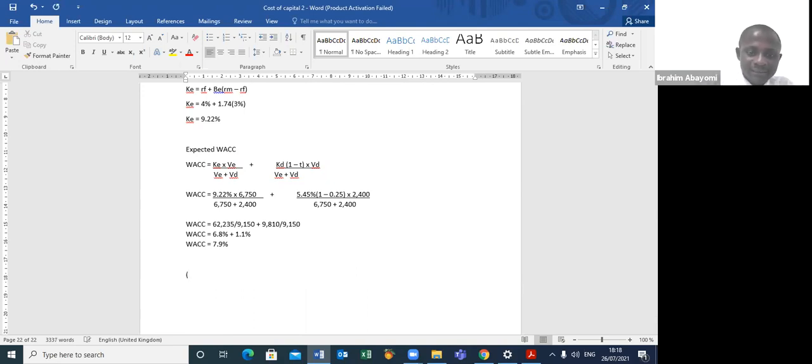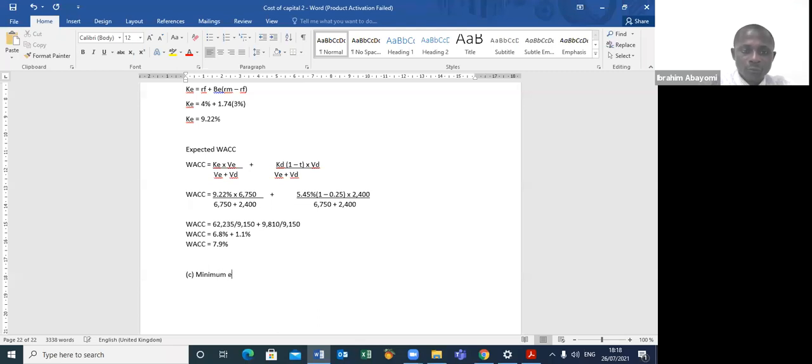So requirement C. Requirement C is an assessment of the minimum rate of return that the company needs to earn on the debt capital before interest is paid.